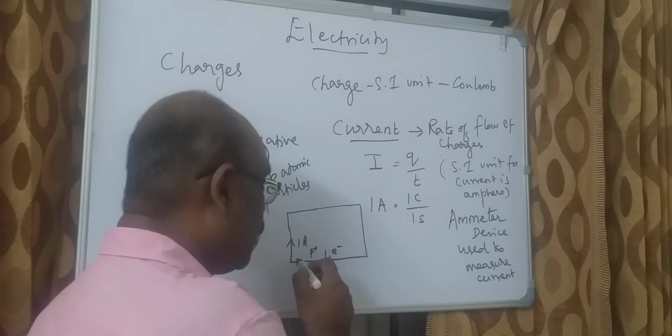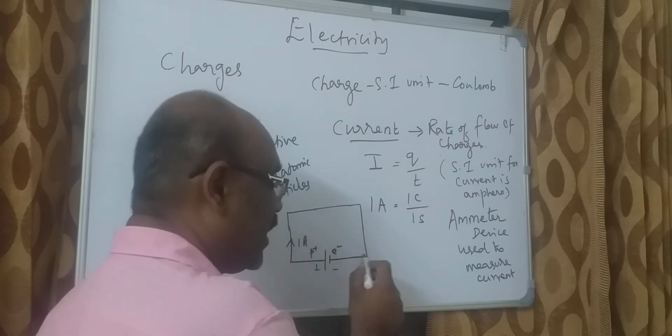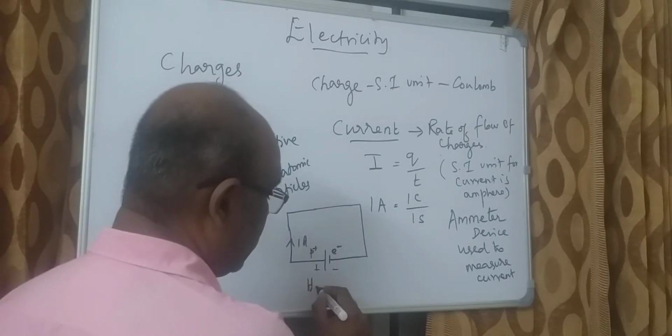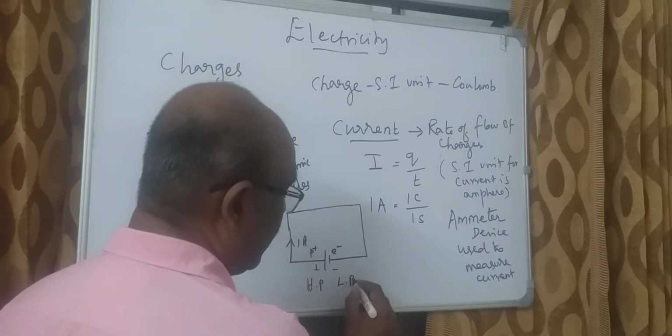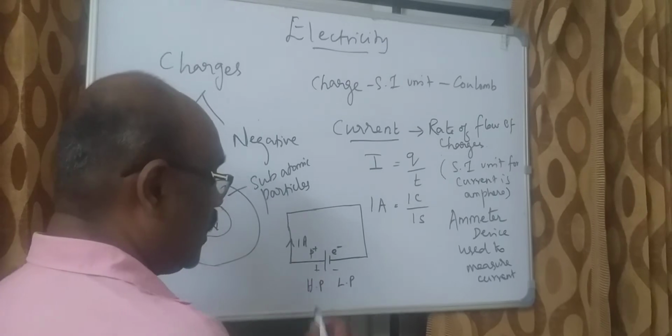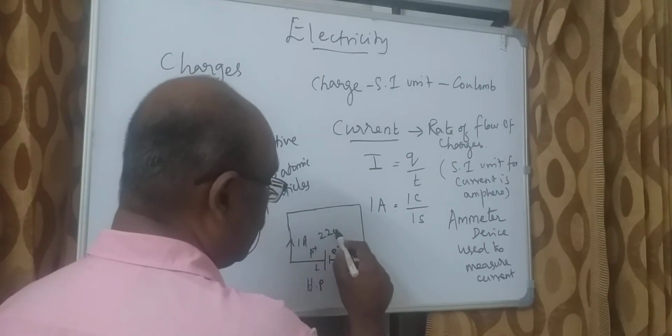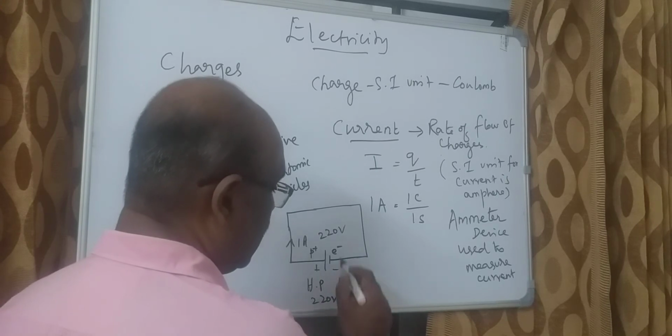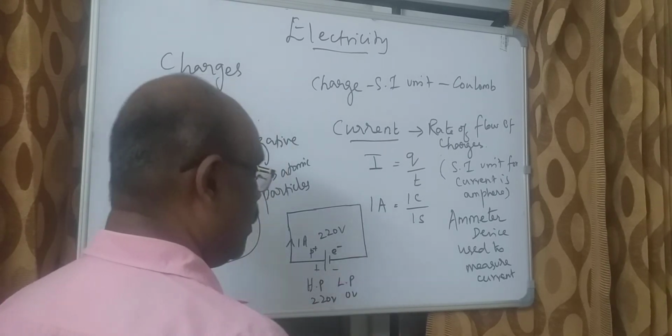Here, the current is passing from the higher potential to the lower potential. So if the voltage given is some 220 volt, the higher potential is 220 volt and the lower potential is 0 volt.